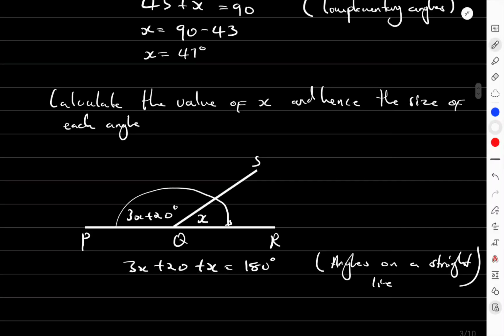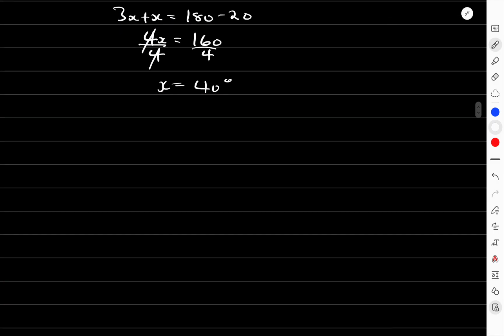Now, going to my diagram, it says calculate the value of x and hence the size of each angle. Looking at my diagram, it was like this. I had x here, I had 3x plus 20 here. Wherever I see x, I have to substitute the value of 40, because 40 and x are the same.